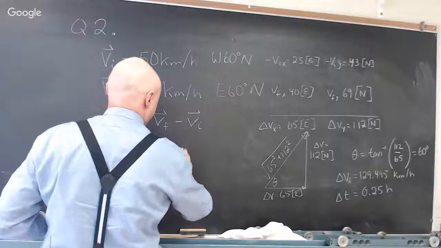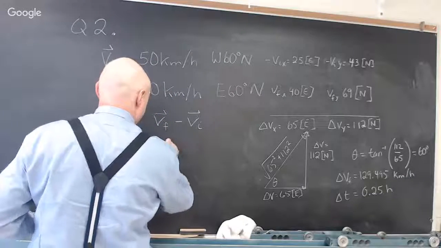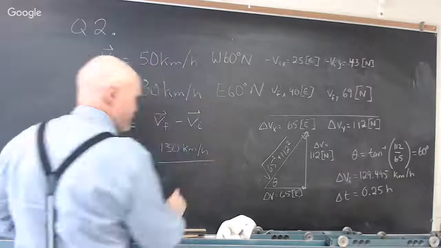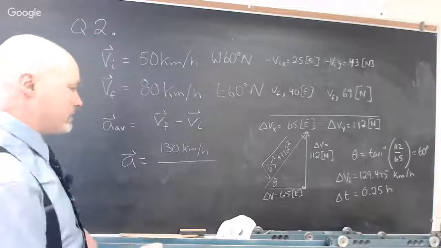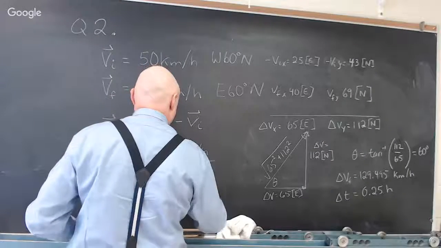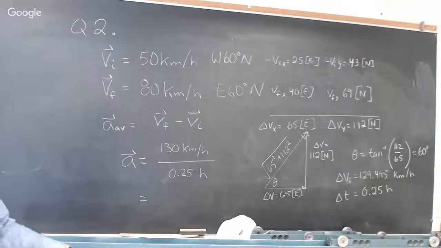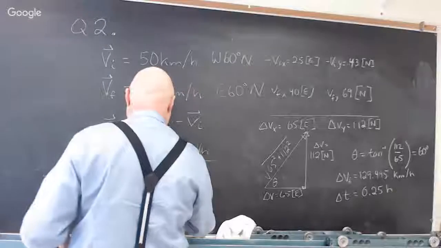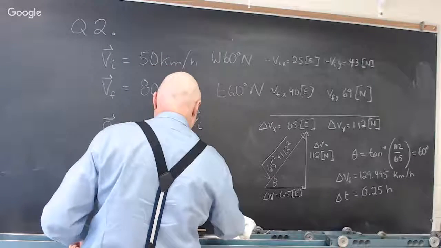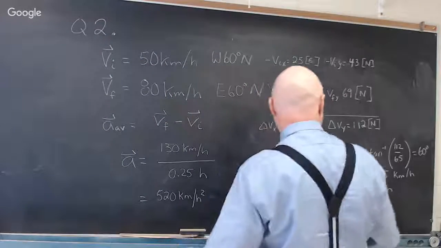Well, let's round it right now. So 130 kilometers an hour in 1/4 of an hour. And so the acceleration is 520 kilometers per hour squared, and that is 60 degrees.